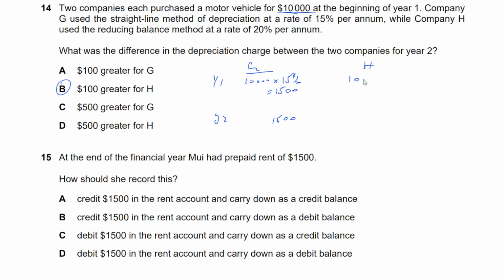For H, however, it's 10,000 times 20%. For the first year, it's 2,000. Then for the second year, you take the net book value, 10,000 minus 2,000, 8,000, and you take 20% of that, which is 1,600. And so H is greater by 100.